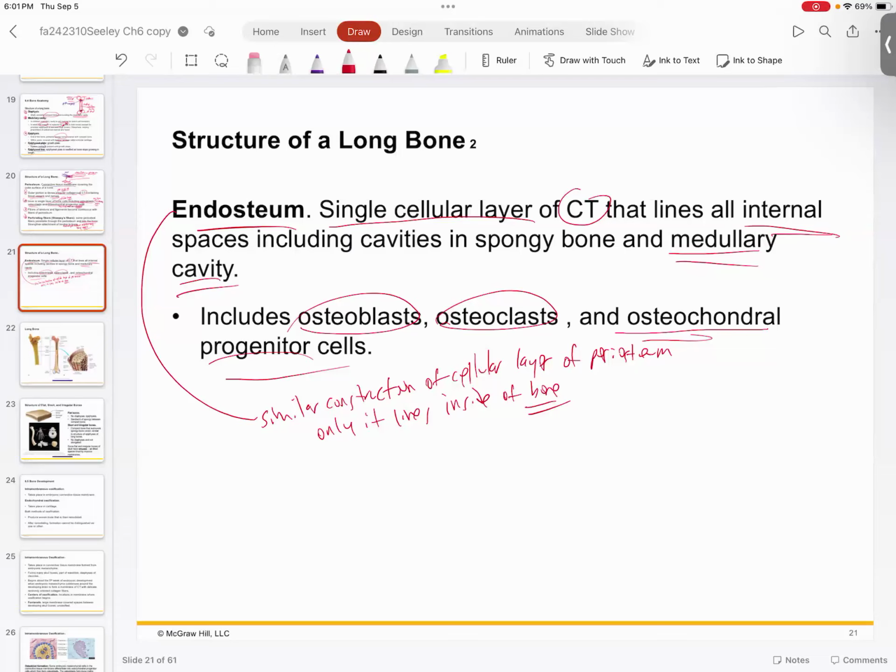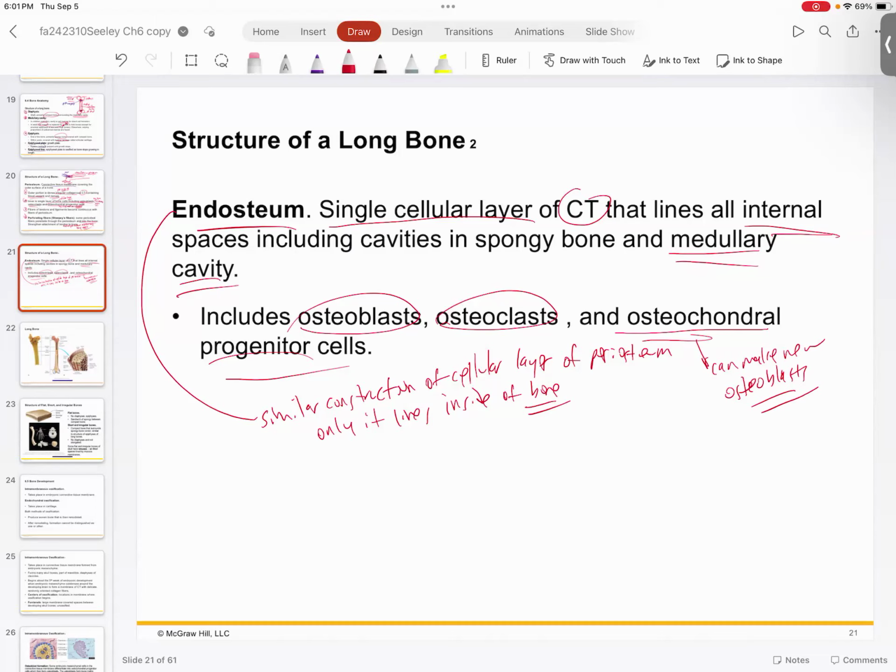Now what you have is the same construction, osteoblasts, osteoclasts, and osteochondral progenitor cells, which can make new osteoblasts so that you can lay down new bony matrix on the inside layer of the bones.